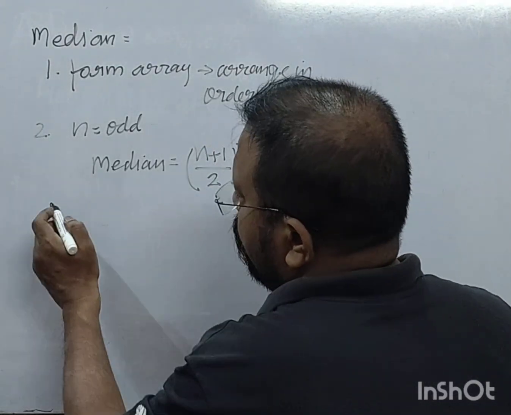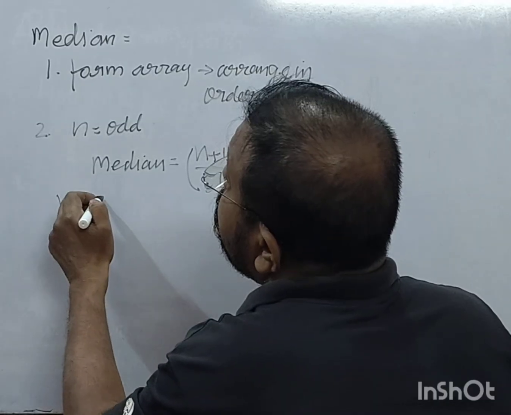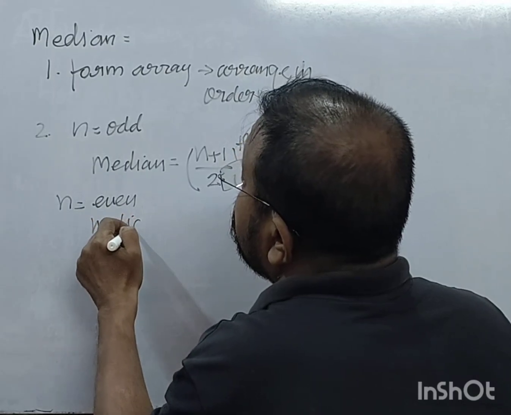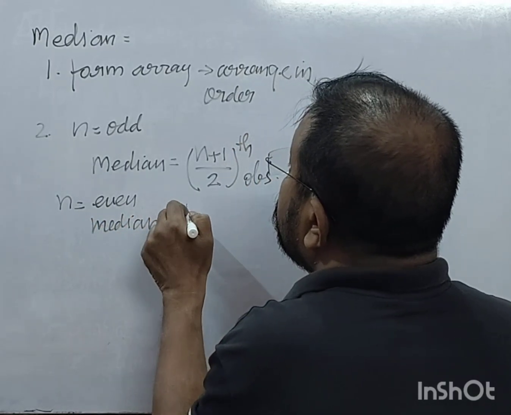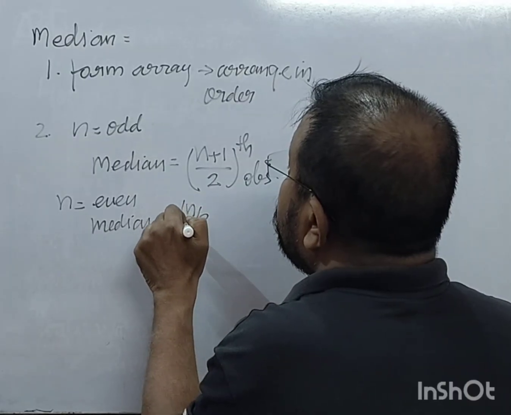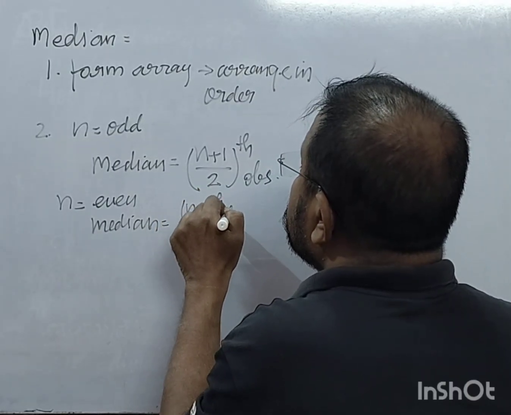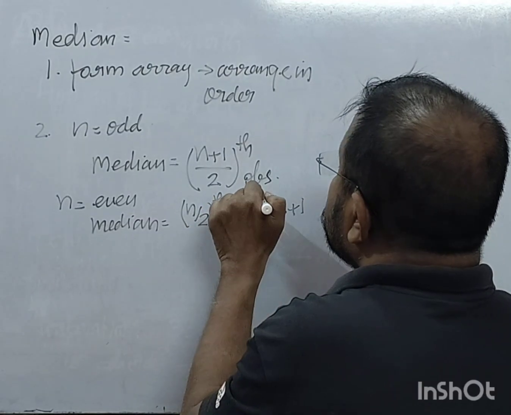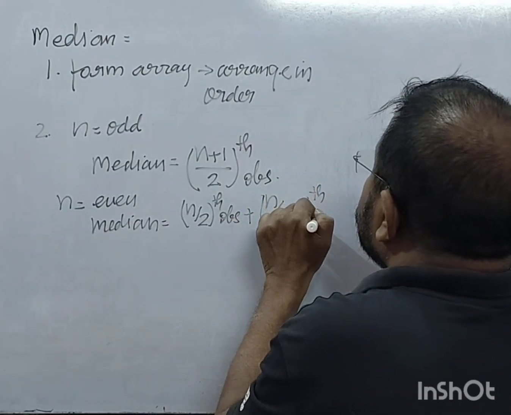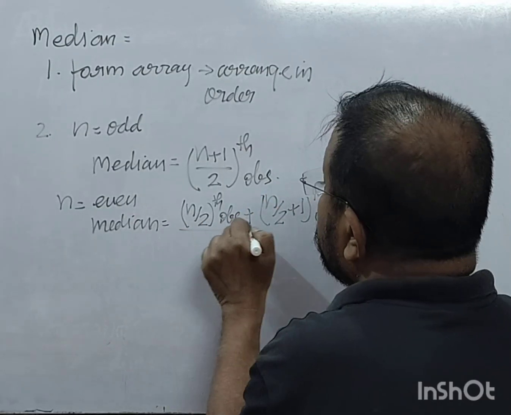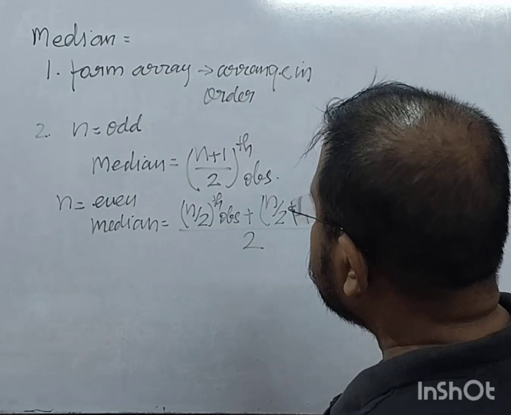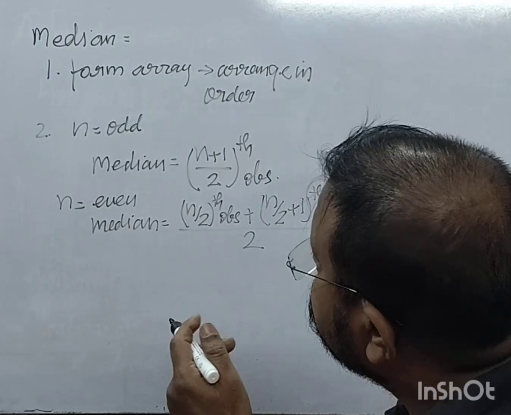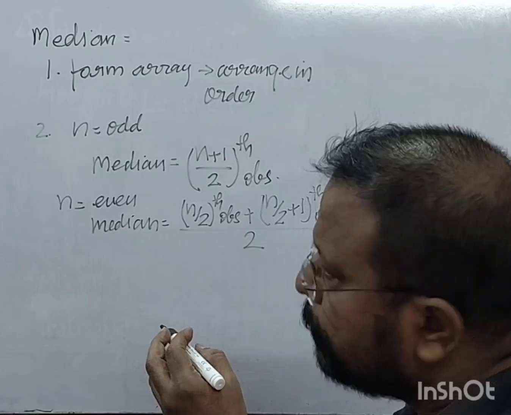And if n is equal to even number, then median is equal to n by 2th observation plus n by 2 plus 1th observation by 2. ठीक है?